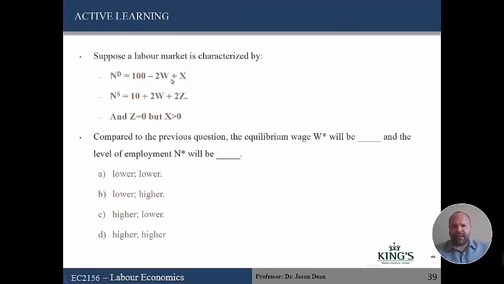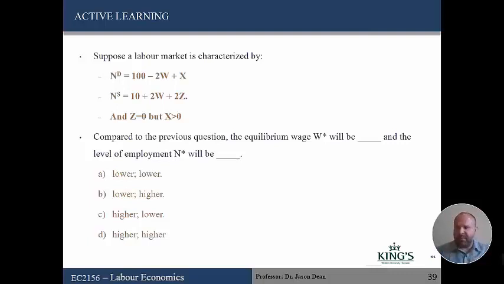Okay, now suppose that we have that X is greater than 0. So we have this shifter for the demand curve that's greater than 0. So we need to just remember now that if the demand curve for labor shifts to the right, what's that going to imply about the wage and employment, the new equilibrium?